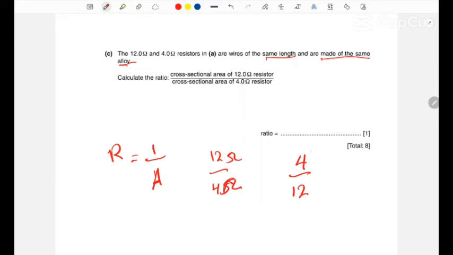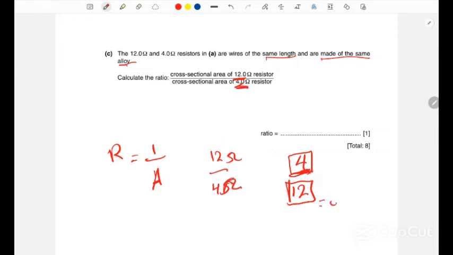Now this is not the resistance, it's the cross-sectional area. So 4 is the cross-sectional area for the 12 ohm resistor, since 12 ohm is bigger than 4 ohms, that means the cross-sectional area is smaller for the 12 ohm, and 12 is the cross-sectional area for the 4 ohm resistor.